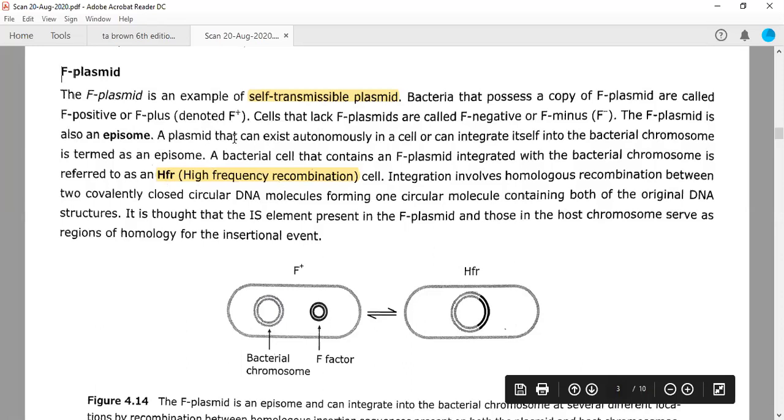A bacterial cell that contains an F plasmid integrated into the bacterial chromosome is referred to as a high frequency recombination cell, as shown here.